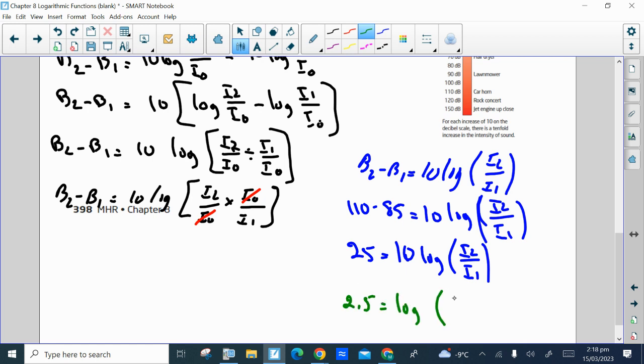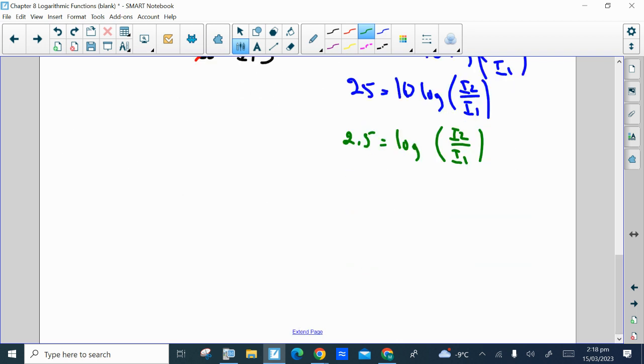And that will equal the log of, again, I sub 2 over I sub 1. And now we will convert from logarithmic to exponential. Remember, this is a common log. No base indicated means it's base 10. So when you convert from logarithmic to exponential, you start with the base and cycle through. Remember, the bases are the same in either form, so it'll be 10 to the power 2.5 equals I sub 2 over I sub 1.